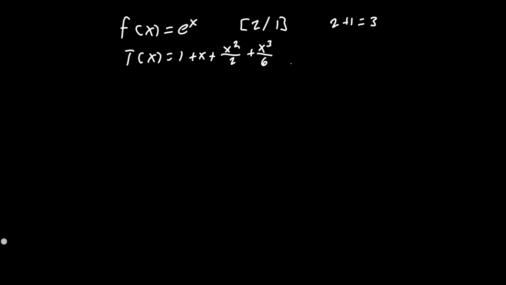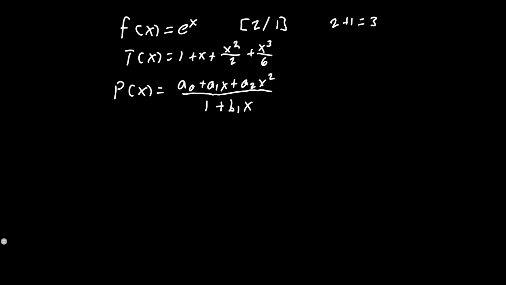So we are matching the Padé approximation through the degree 3 term, meaning that p of x is going to be a polynomial of degree 2 in the numerator, a0 plus a1x plus a2x squared, over, since our degree is 1 in the denominator, 1 plus b1x.